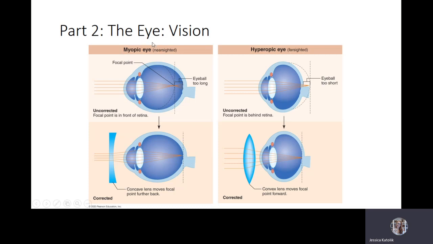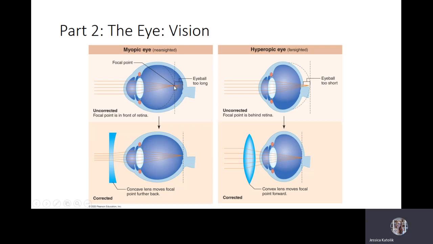And so a myopic eye is going to be an eye that is a little bit too long anteriorly versus posteriorly. And so when the light is being focused onto the retina, the focal point will fall short of the retina. If it was a typical shaped eye, which had 20/20 vision, the retina would fall along here.